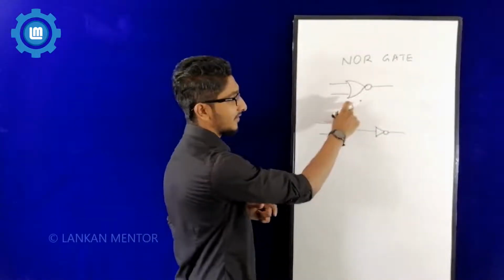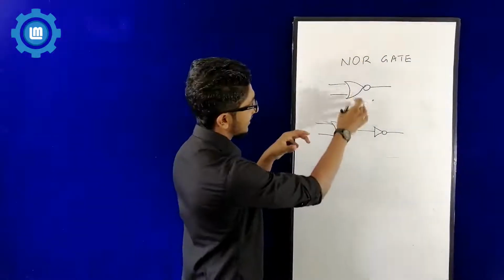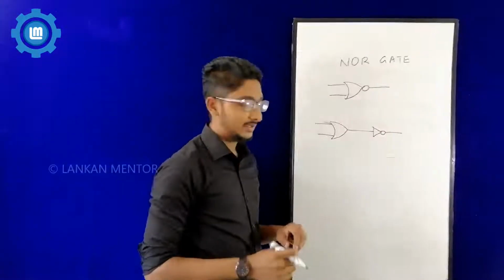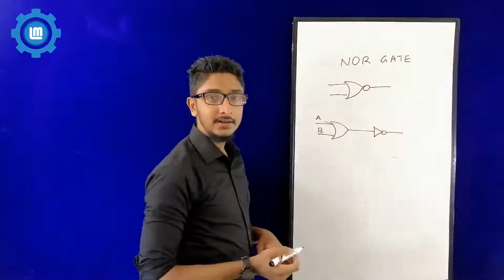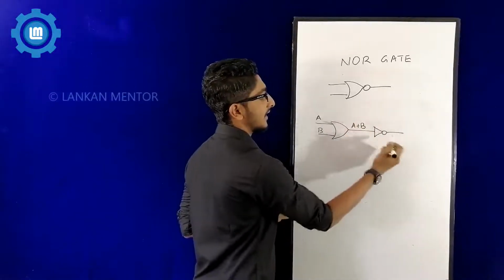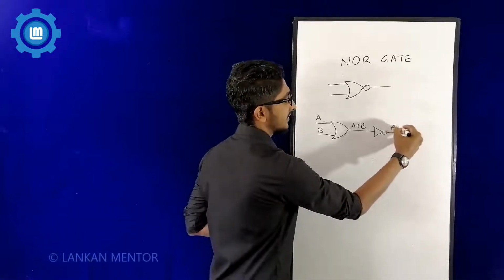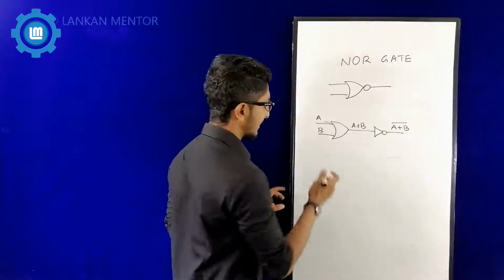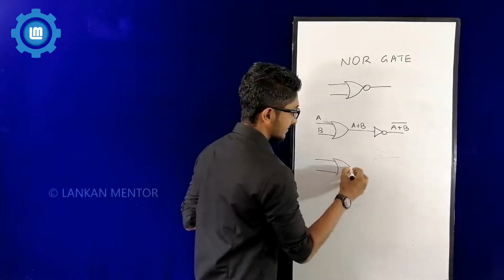Now this is the symbol of the NOR gate, but when we separate it out, it comes out as an OR gate and a NOT gate. If we put A and B here, it comes out as A plus B, and when A plus B comes out of the NOT gate, it becomes (A plus B) bar. It is the same thing with the NOR gate.